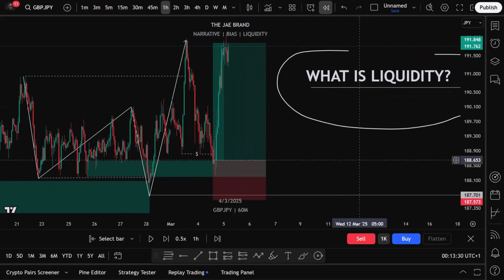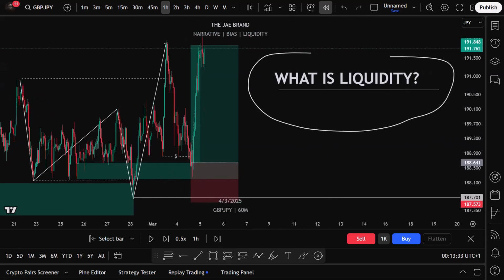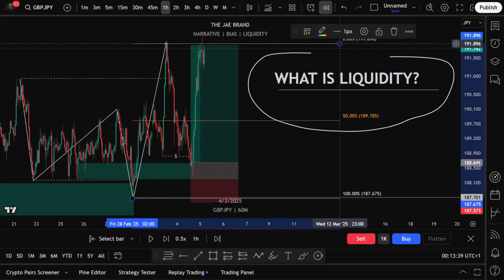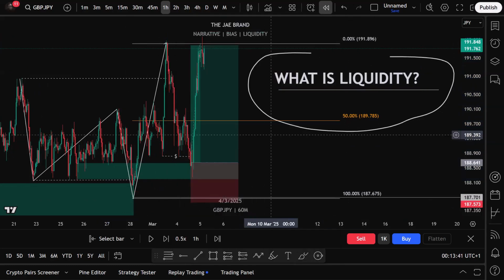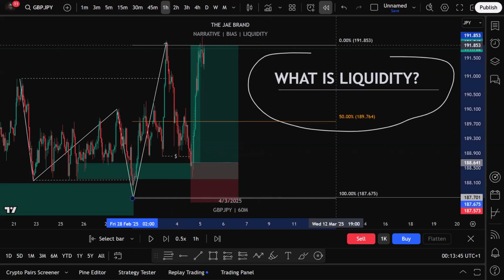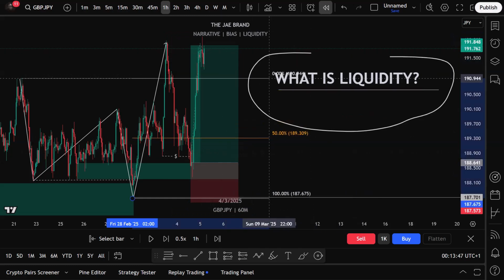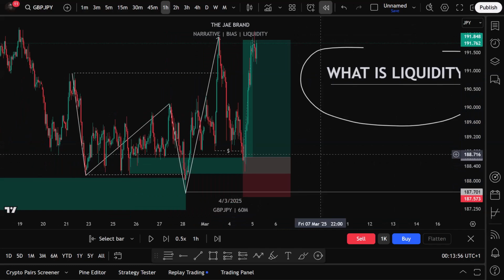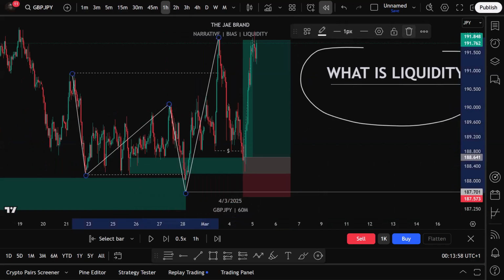How do you know the discount area of the swing structure? This is the entire swing structure, so this is the discount area. But when we talk about transactional liquidity, I will show you another form of calculating or getting the right discount area to buy from. So this is everything you need to know about transactional liquidity.